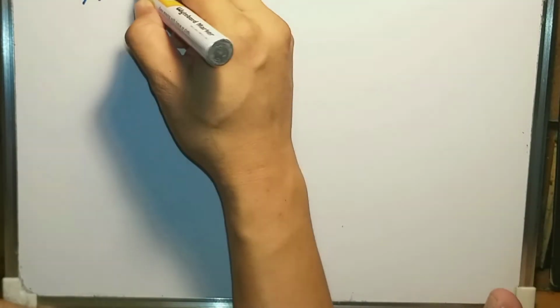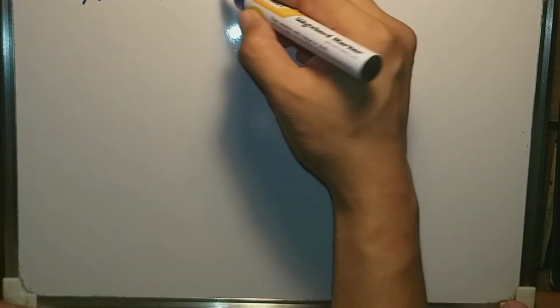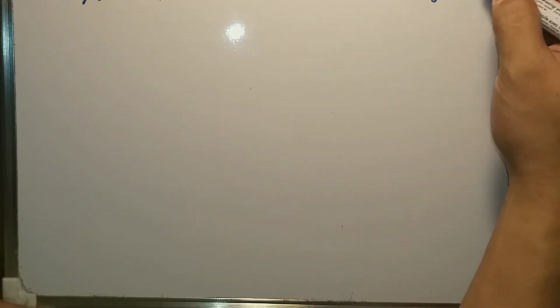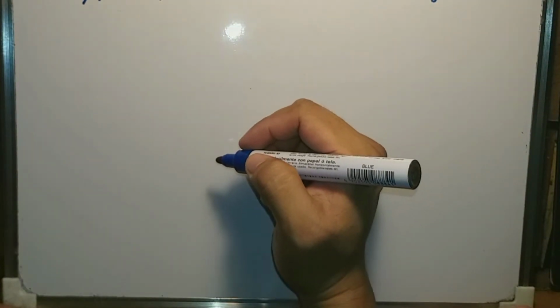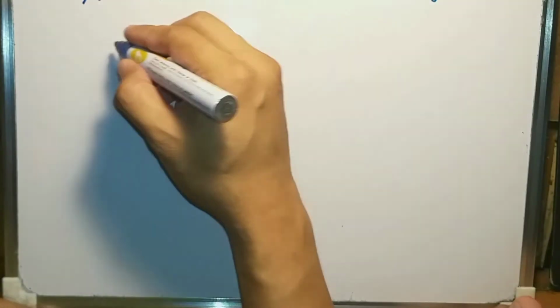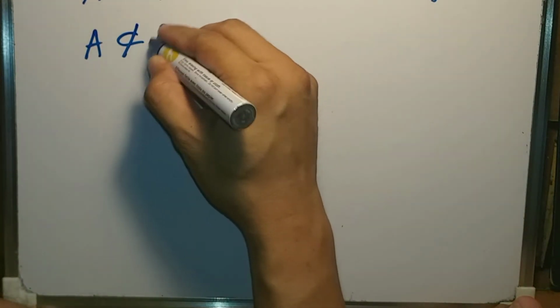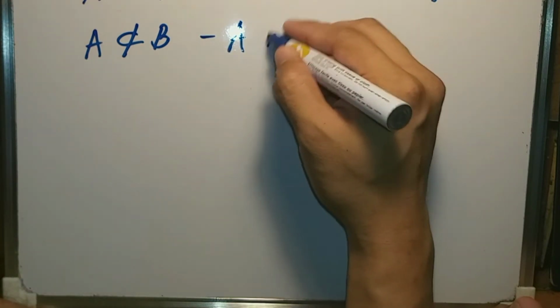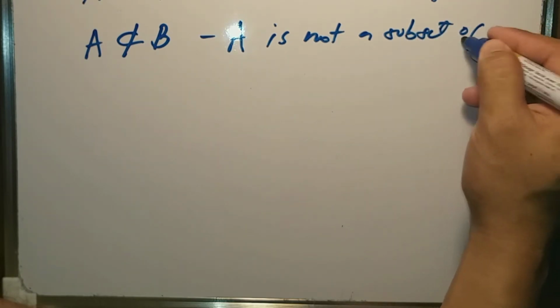So A, then this symbol, then B. So it means that A is a subset of B. If A is not a subset of B, we write it this way. So A is not a subset of B.